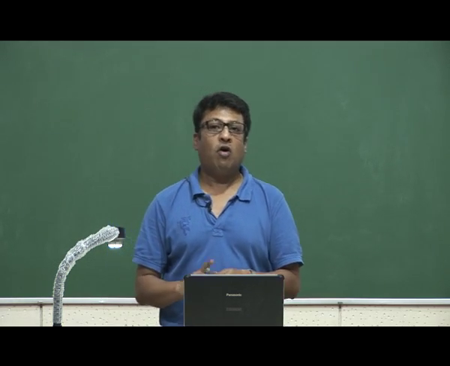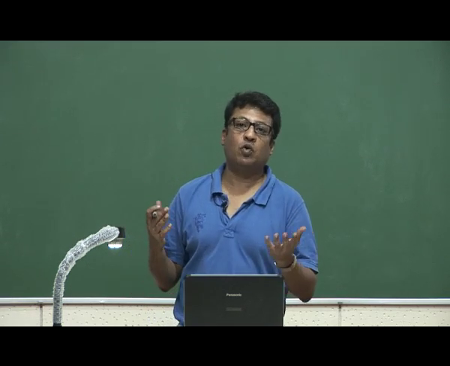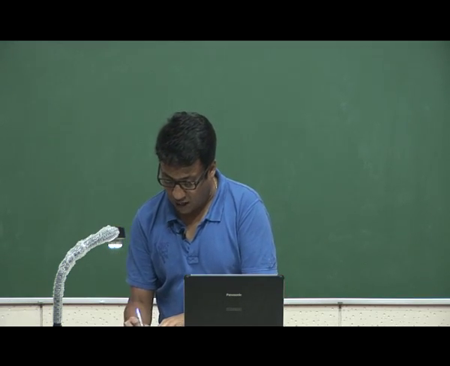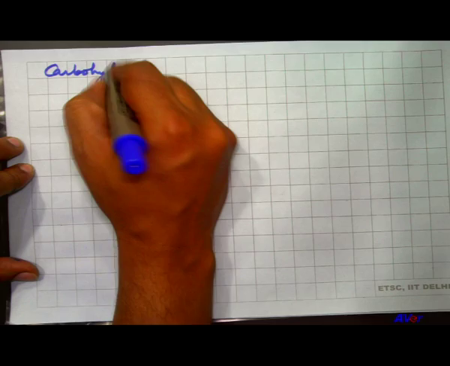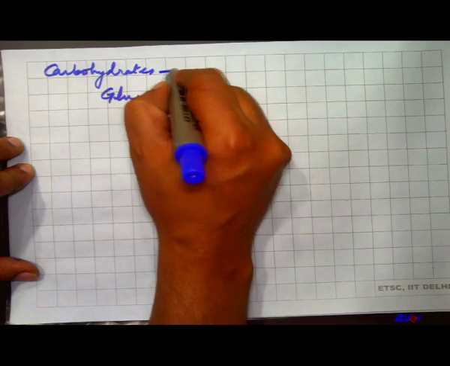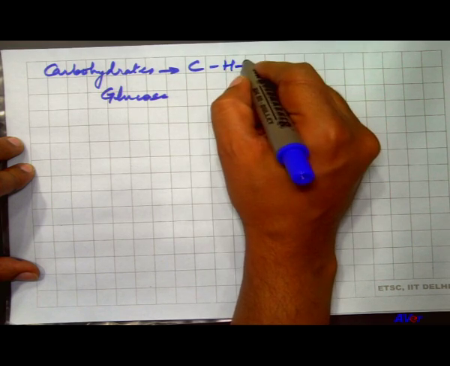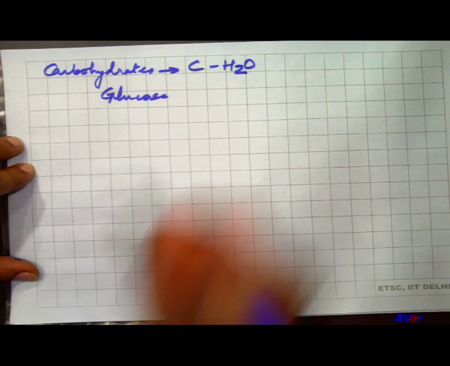So, let us say all of you ate sugar, you must have eaten sugar in some way or the other, right. Bread, carbohydrates, all of you know, give you energy. Why? You have carbon, you have hydrogen, you have oxygen. Carbohydrate: carbon along with hydrate, water, right.